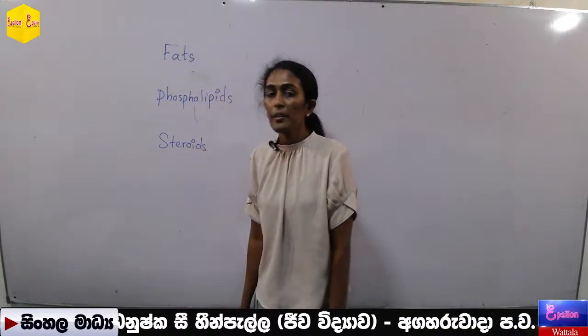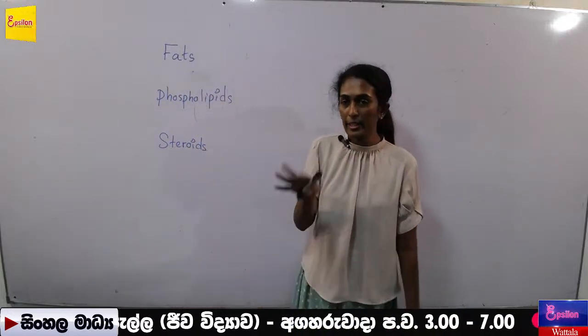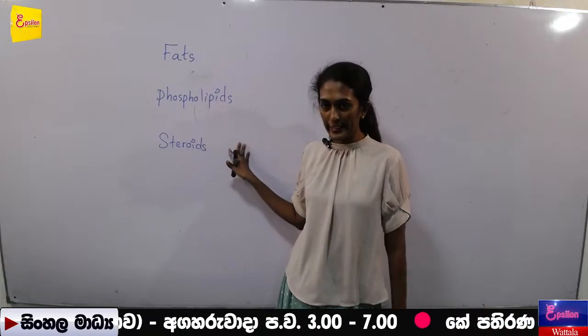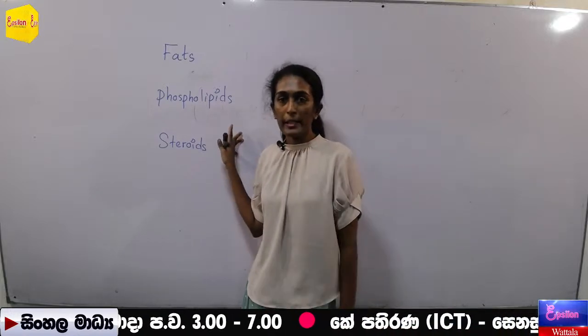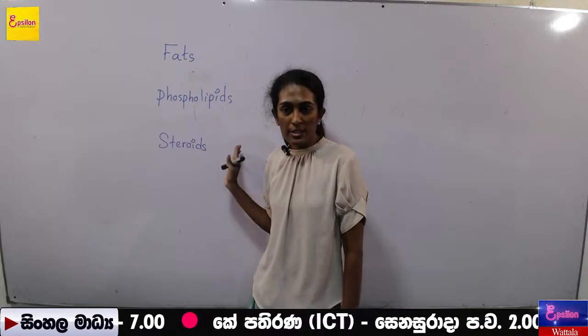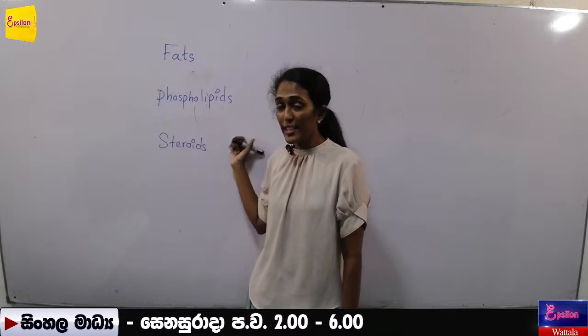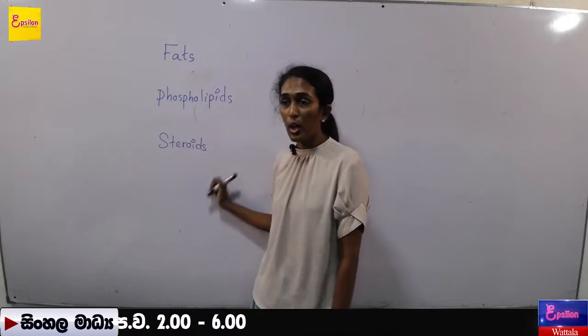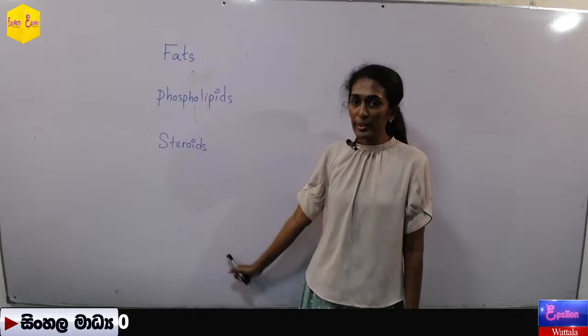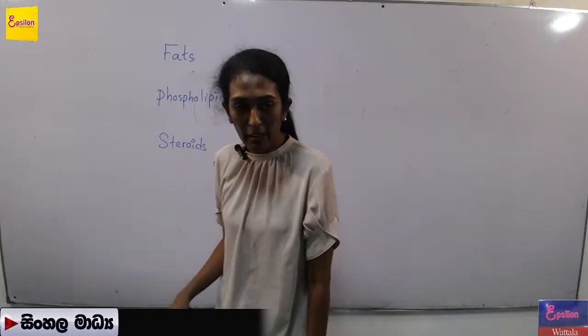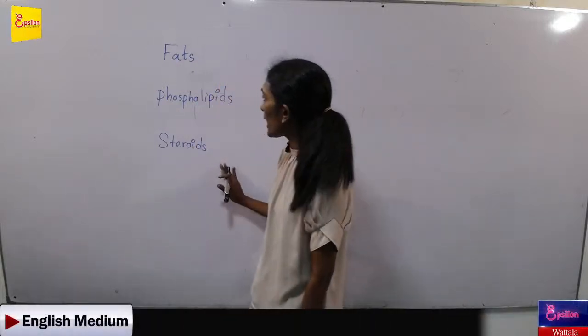The majority of our hormones are proteins, but very few belong to the steroid category. You may have heard about estrogen, progesterone, testosterone, estradiol, aldosterone, and cortisol. All belong to the steroid category. Steroid hormones are also there in our body. Those things we are going to learn.